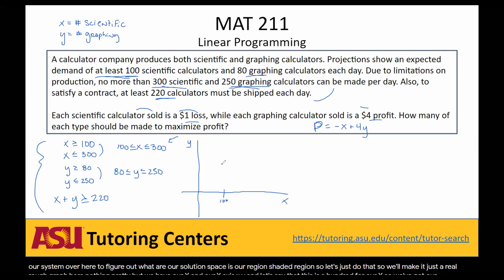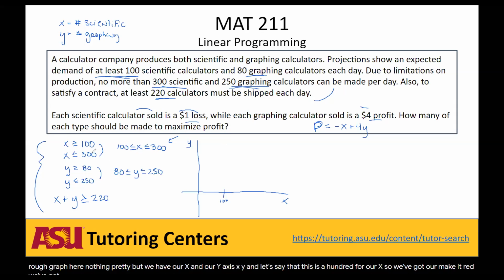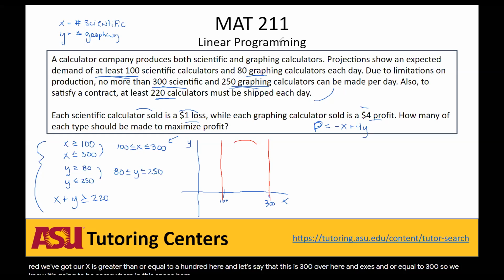I'll make it red. We've got our X is greater than or equal to 100 here. And let's say that this is 300 over here, and X is less than or equal to 300. So we know it's going to be somewhere in this space here.